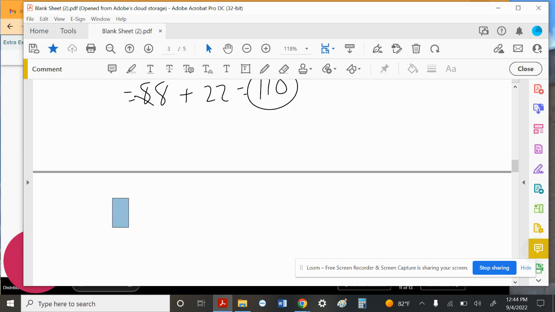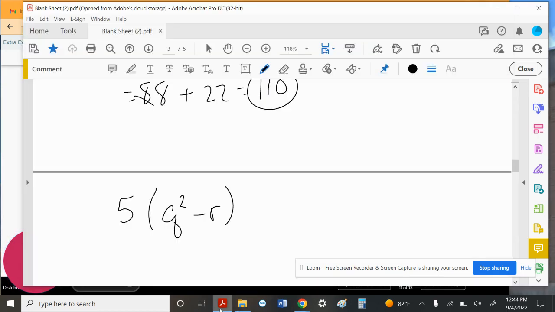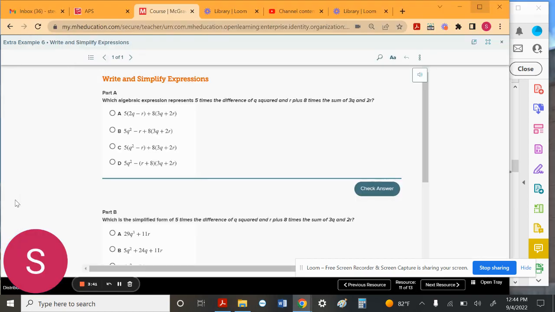So there's the difference, 5 times the difference. And then we have plus 8 times the sum of 3q and 2r. Okay, so now we have the sum of those.